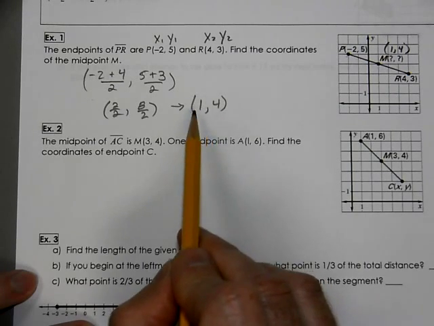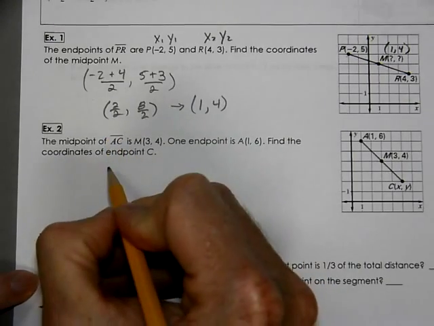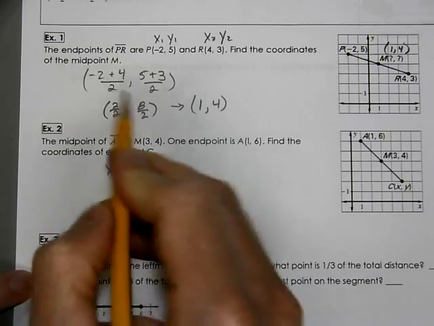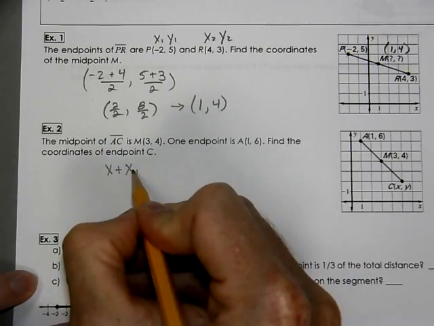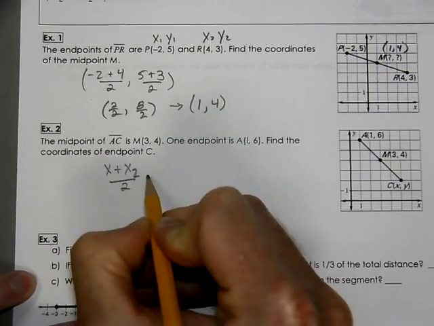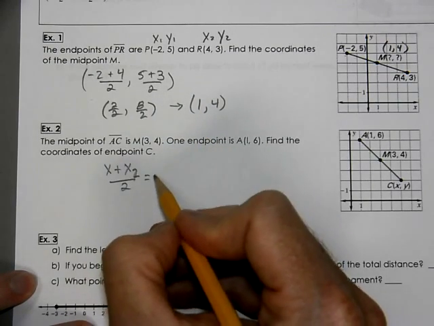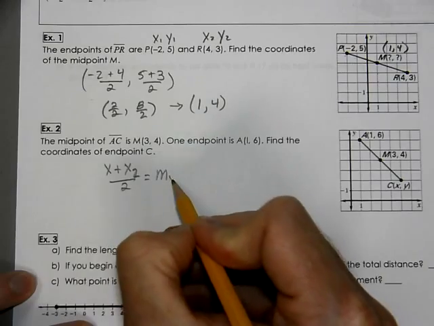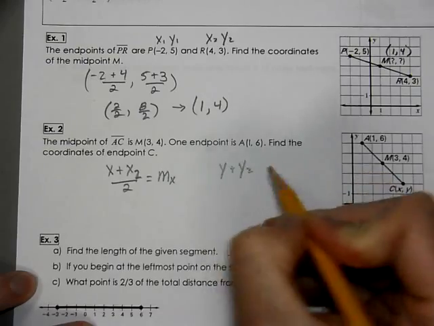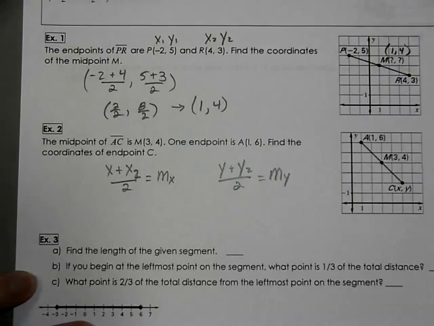So if we know (3, 4) is the answer to the x's, you have your x value plus this x1, or we can call it x2 if you wish, divided by 2, and this is going to equal the midpoint of the x. We're going to have our y value plus the y2 over 2 equals the midpoint of the y.